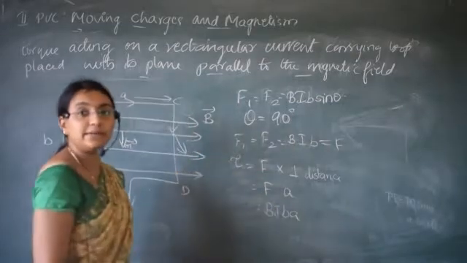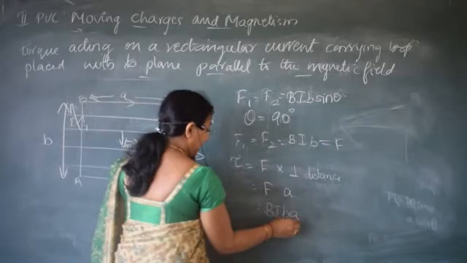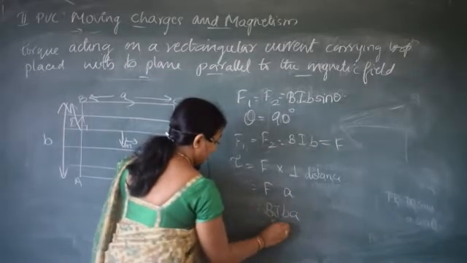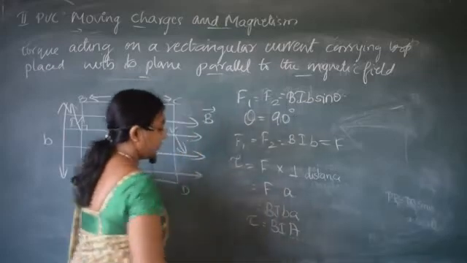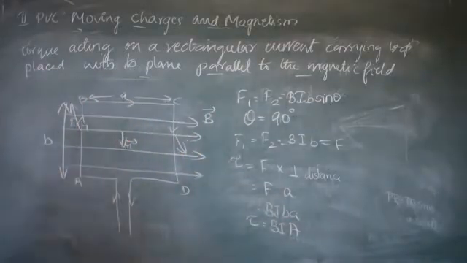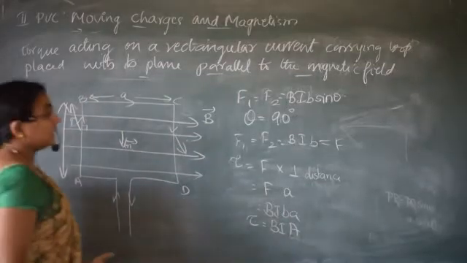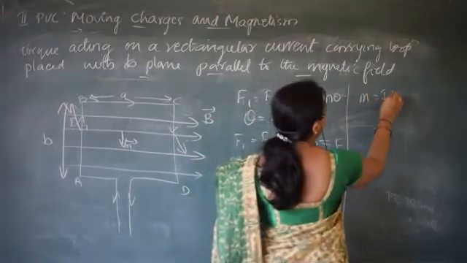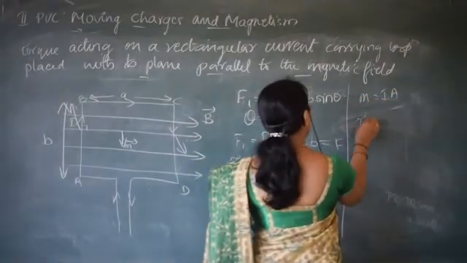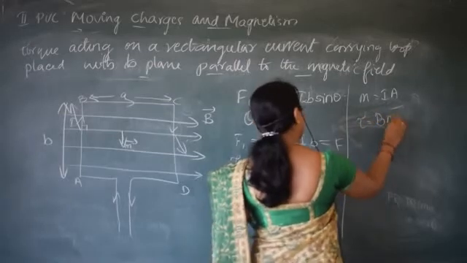So torque is BIb into a. b into a is nothing but area, so I can write BIA is equal to tau. Then we know that M is equal to I into A, therefore tau is equal to B into M.